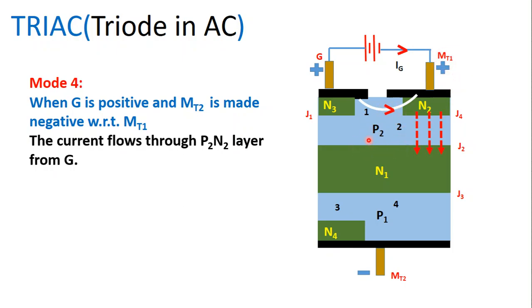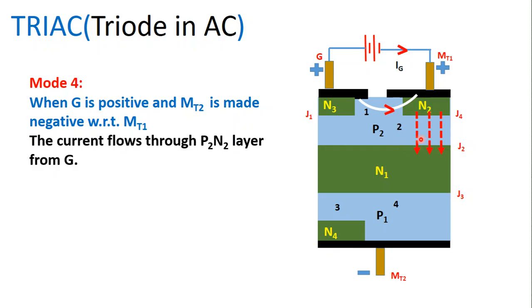As I have told you, this P2 layer will lose its identity as a P2 layer because it has electrons and holes, both as majority charge carriers. So this J2 junction will disappear and our transistor structure P1N1P2N2 will start conducting.